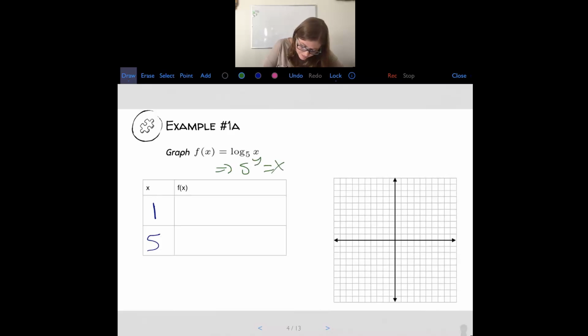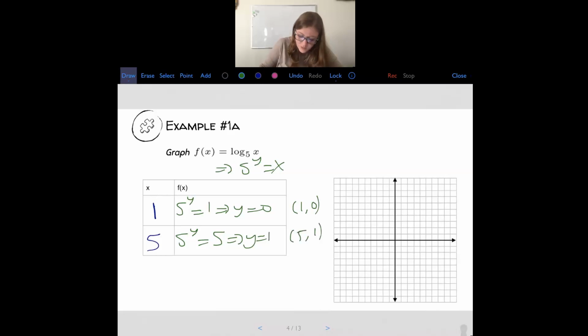So we would have 5 to the y is equal to 1, which gives us y is 0. And if we have 5 to the y is equal to 5, this gives us that y is 1. So there's a point at (1, 0), and there's a point at (5, 1). And our vertical asymptote would be 0 because x has to be greater than 0.